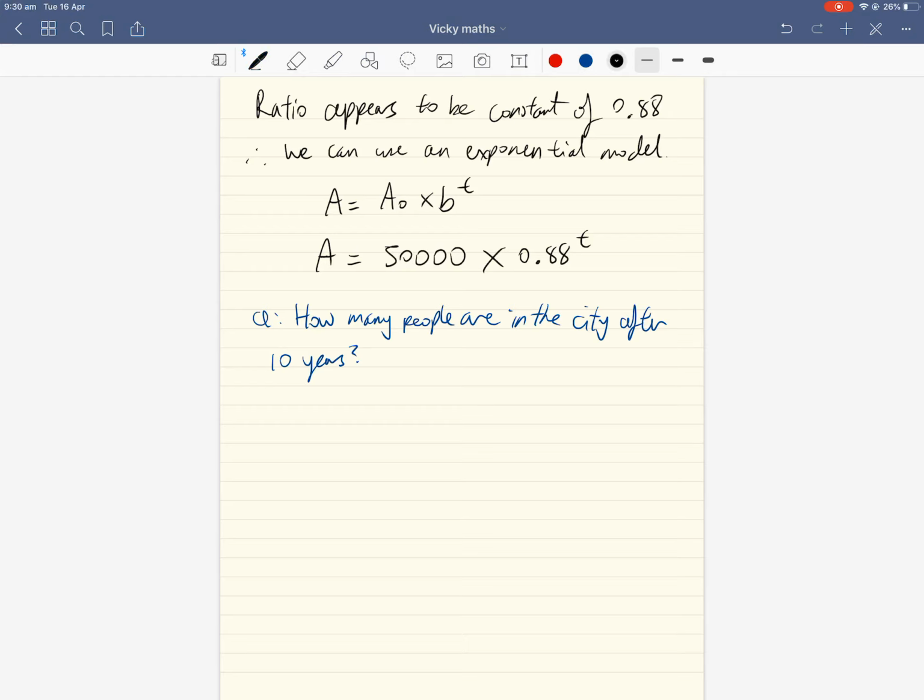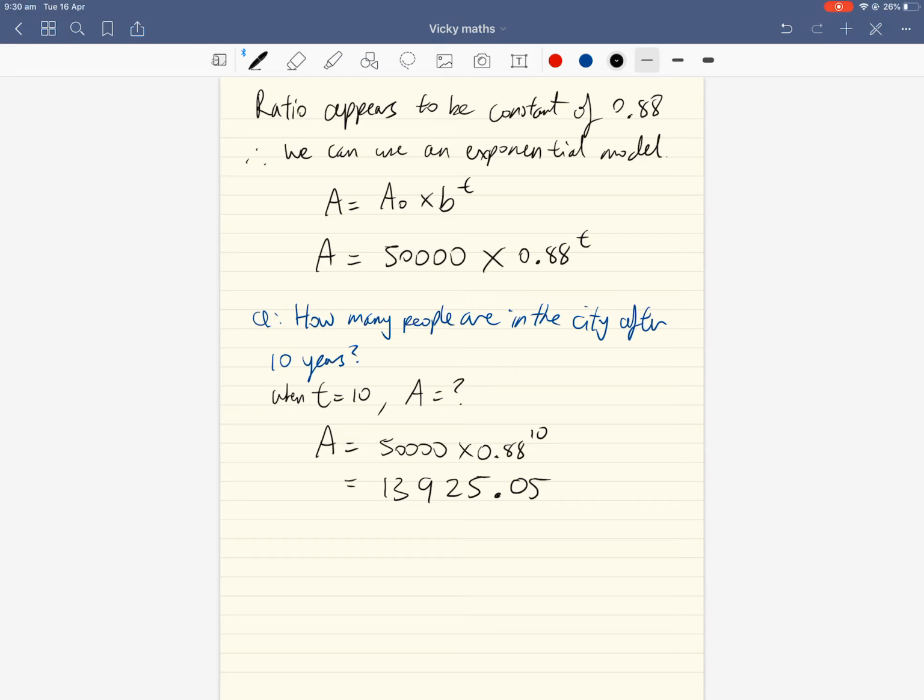Well, essentially we're asking when t is 10, what is the amount of people you have in the city? So A equals 50,000 times 0.88 to the power of 10 because t is 10. So using a calculator, we get 13925.05. That's the mathematical answer, but people can't be decimals.